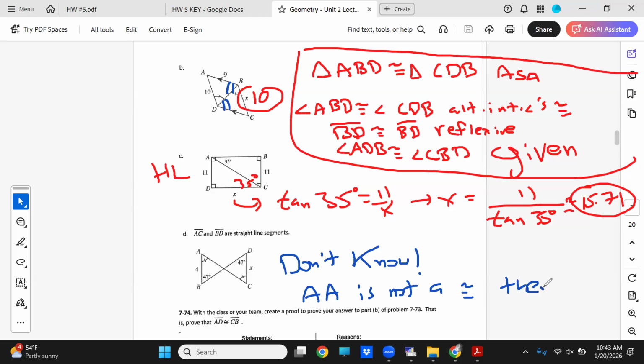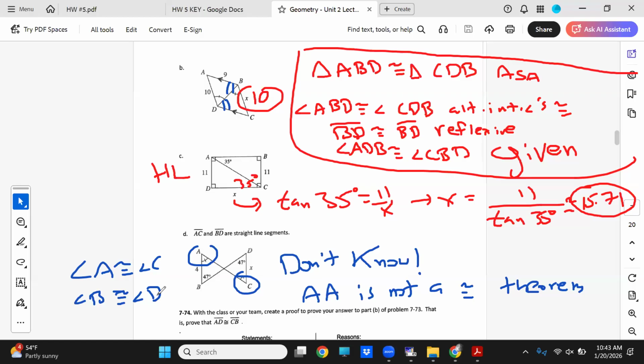AA is not a congruence theorem. I don't know anything about the sides. It's drawn that way. Here's the thing. All I know is that angle A is the same as angle C. We don't know, because all we know is angle A is congruent to angle C, and angle B is congruent to angle. That's all we know. We don't have enough information.